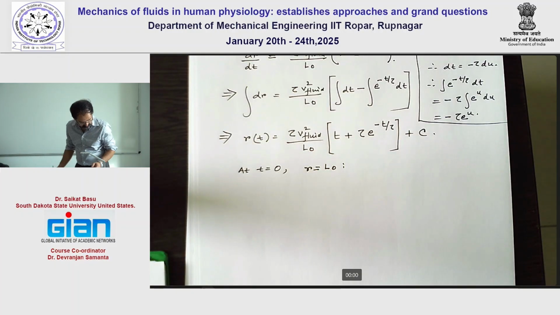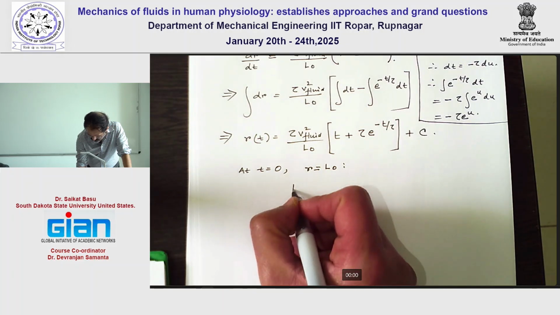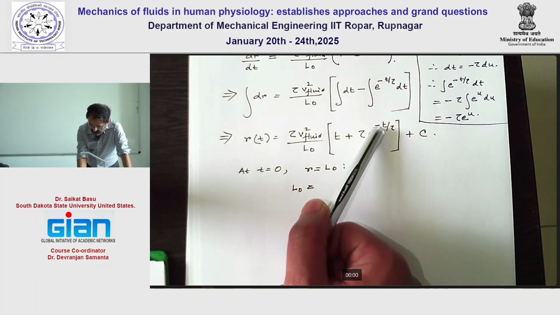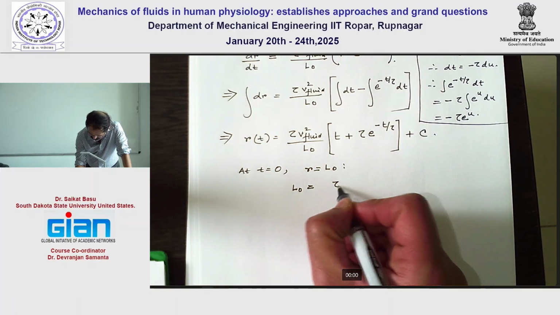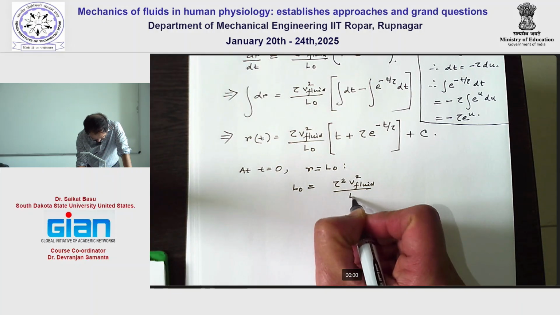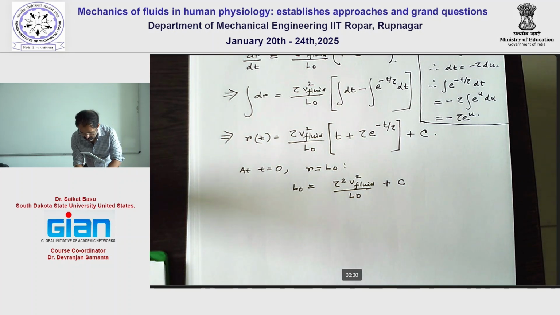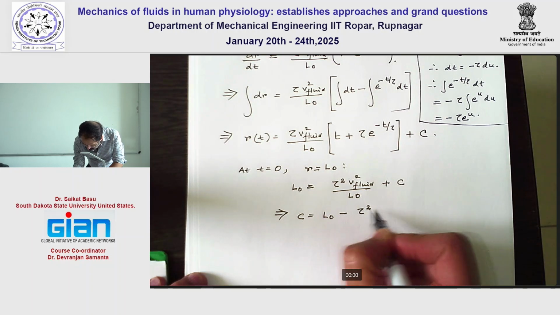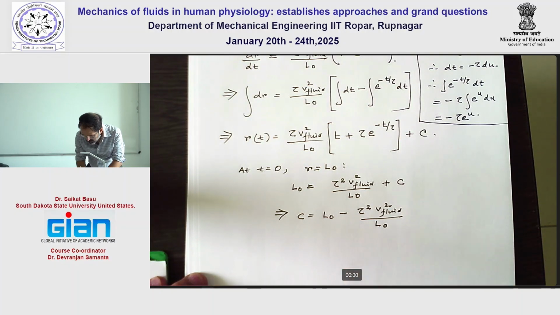That being the case, let's put things back here in the equation that we just derived. So L naught is equal to, this term is 0 because t is equal to 0, this term is 1. So we basically have tau square v fluid square divided by L naught plus c, and hence c is L naught minus tau square v fluid square by L naught.